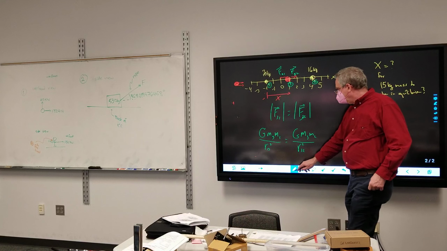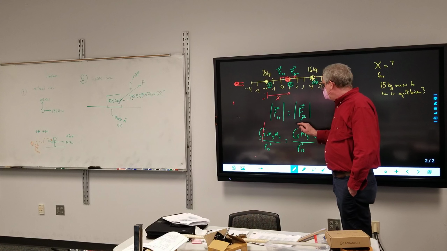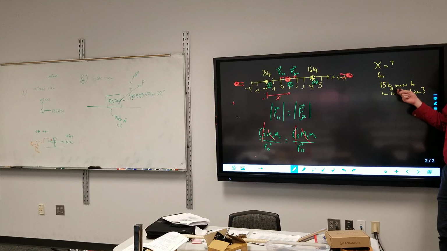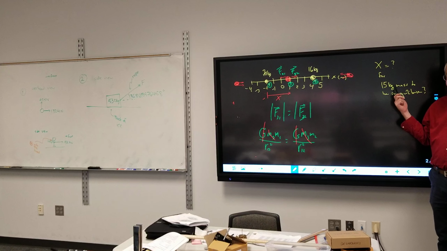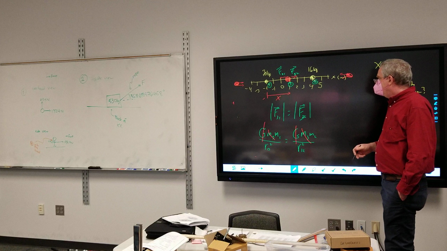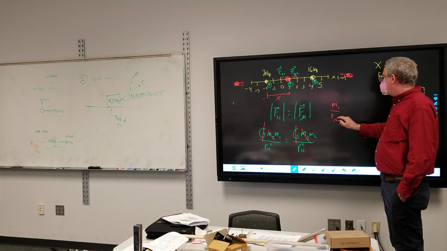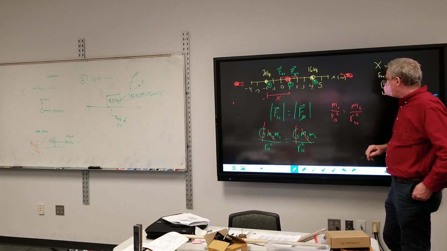Yep. So it does not matter what this mass is. When I wrote this up, I almost just wrote this as 15 gajillion. The mass of this is irrelevant. So what I'm left with is M1 over that distance R13 squared is equal to M2 over R32 squared.